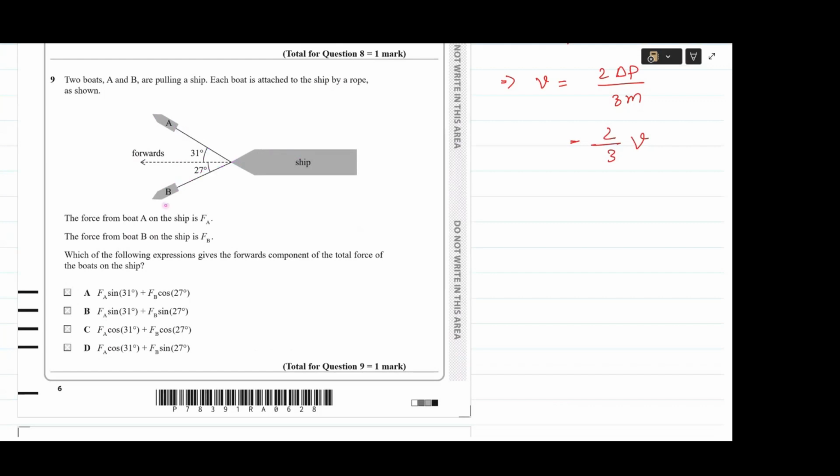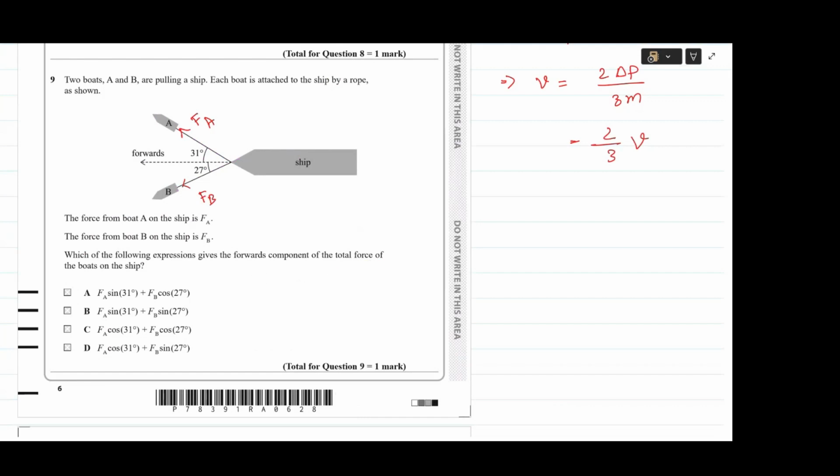The force of boat A is Fa, so let's try to write this down in the diagram. And this is Fb. Which one of the following expressions gives the forward component of the total force?